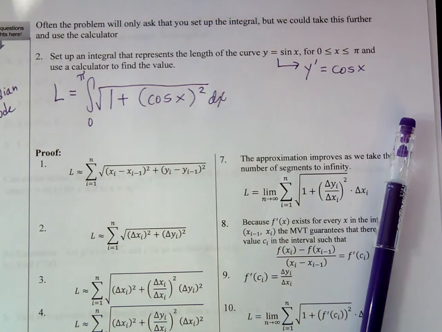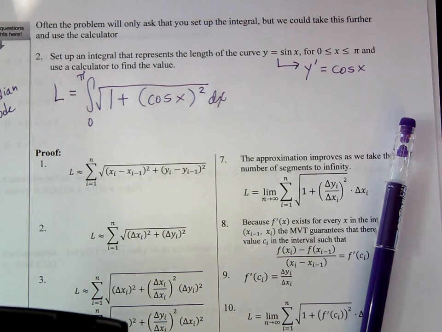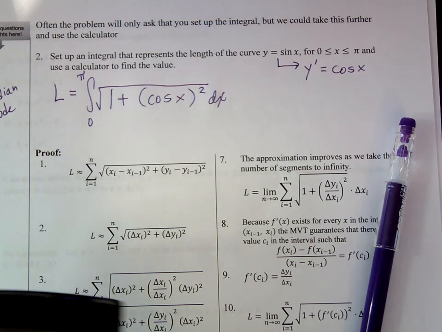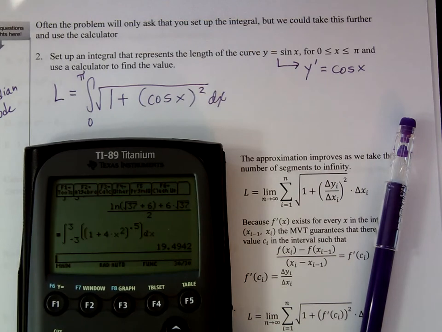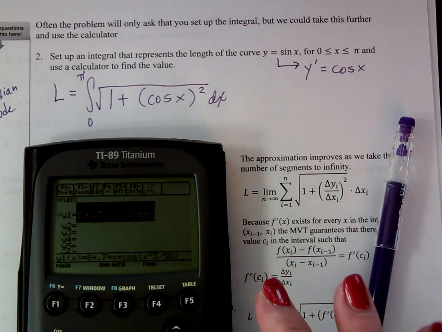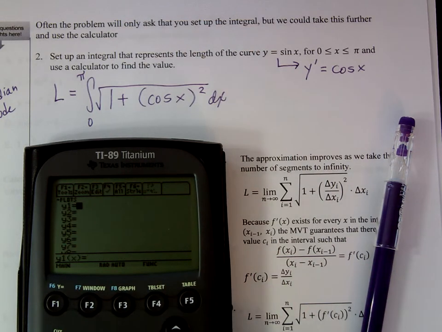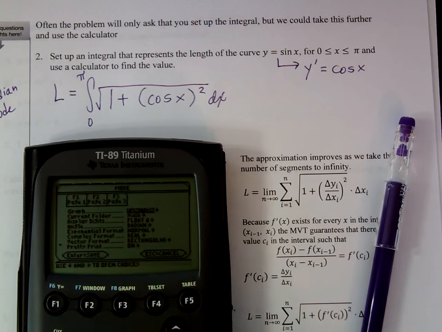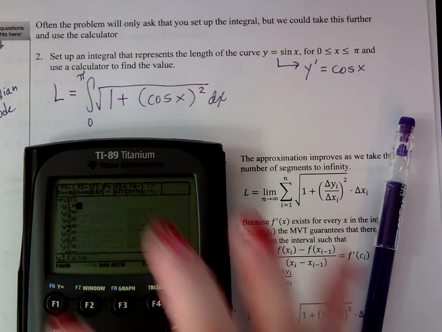And whatever method you like best for finding an integral, let's go with the y equals. I tend to like that the best. So, I want to check my mode. I am in radians, so that's good. Y equals.